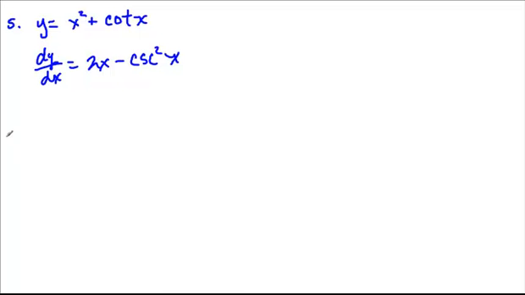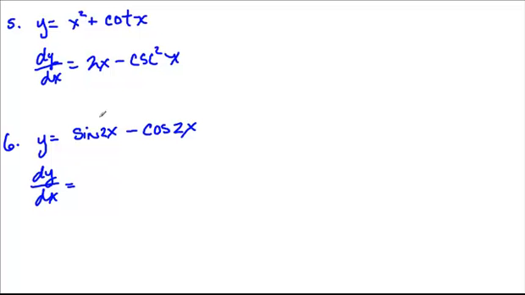Let's do one more of this type, 6. Let's say y equals sine 2x minus cosine 2x. Let's take the derivative. dy/dx would equal 2 cosine 2x for the first term, and the derivative of the second would be negative sine.